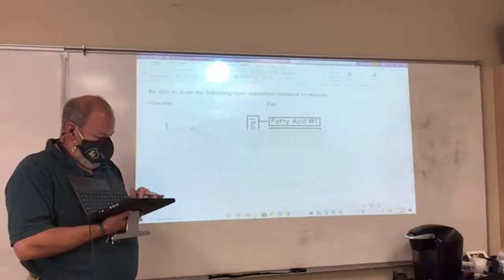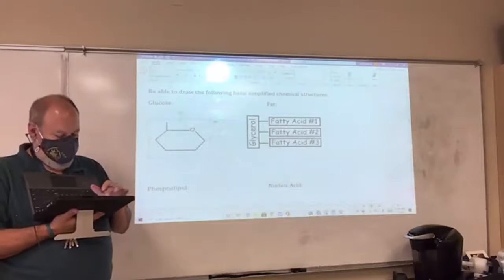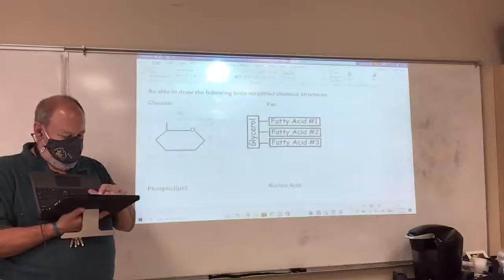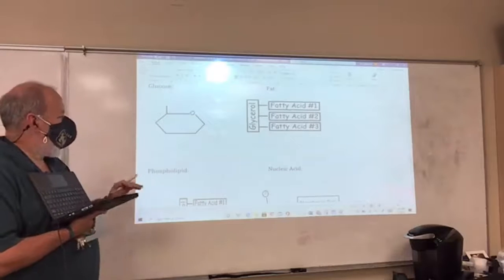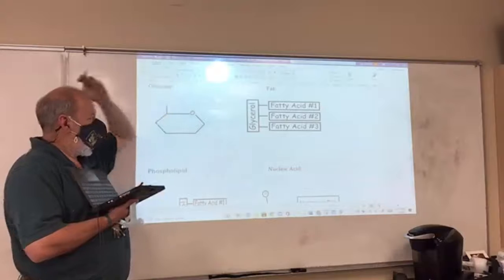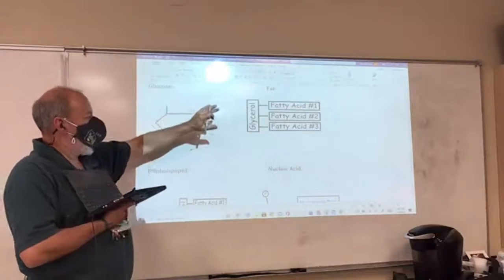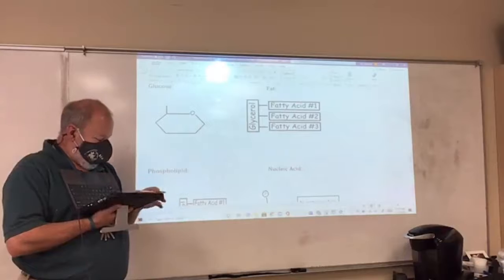You also said starches for energy, for carbohydrates, right? I thought I just said glycogen. But if you put starch, I'll count that too. Okay, I want you to be able to draw these from memory. This is what I want you to be able to draw for glucose. This is what I want your cartoon to be for fat.